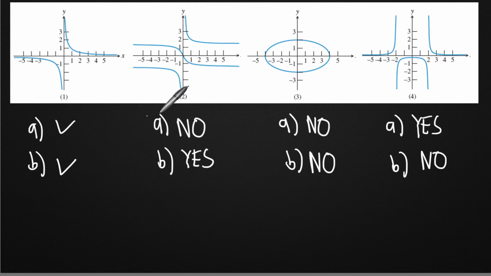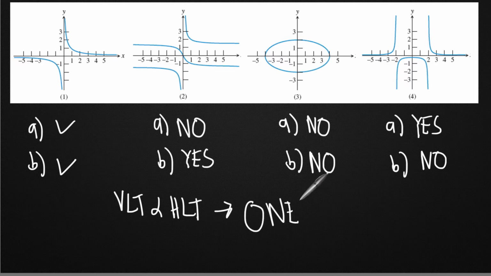Now, a function that passes both the vertical line test and the horizontal line test is a special function called a one-to-one function. So you need to memorize that.